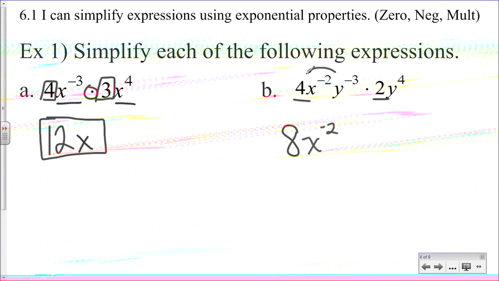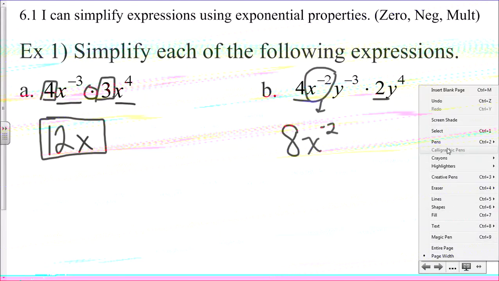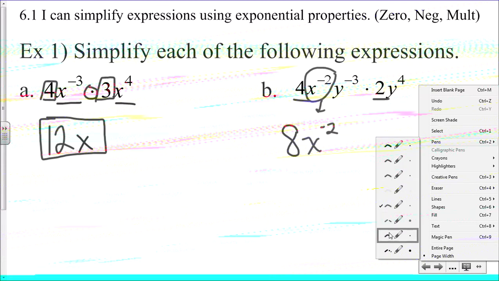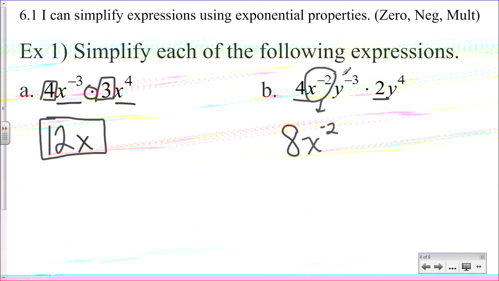Okay, so this x to the negative 2 here is coming straight down. There's not another x there to combine with it. And then if you look at our y's, we have y to the negative third and y to the fourth. So very similar to the last problem, only difference is we had x's. Negative 3 plus 4 is positive 1.